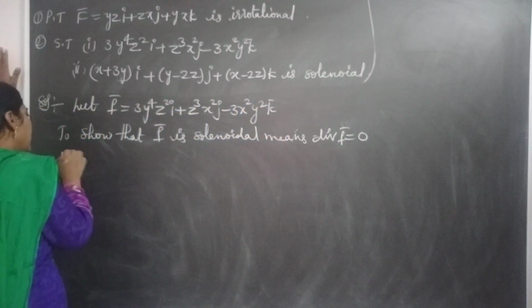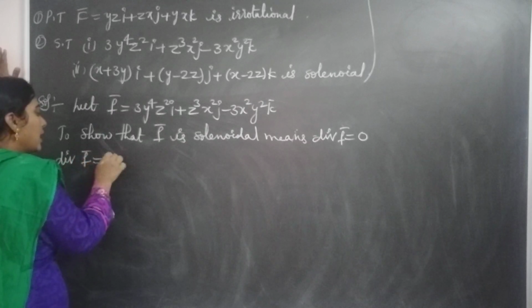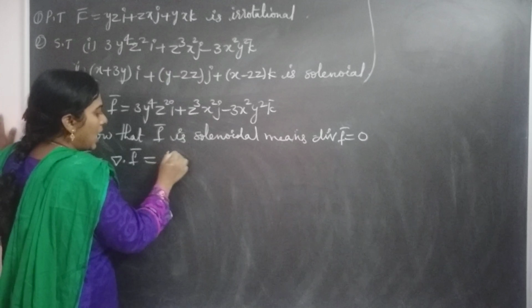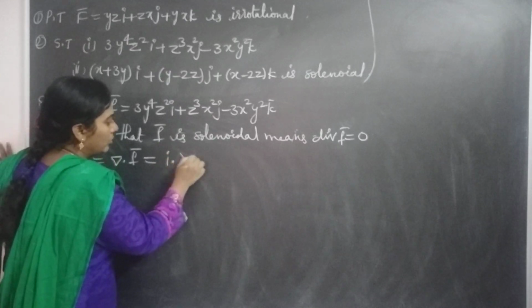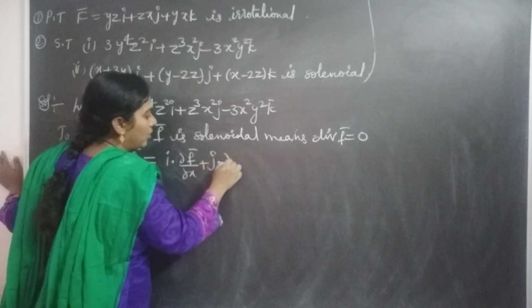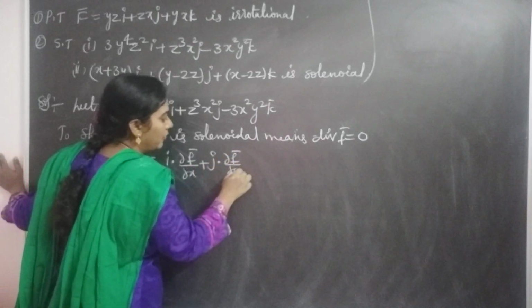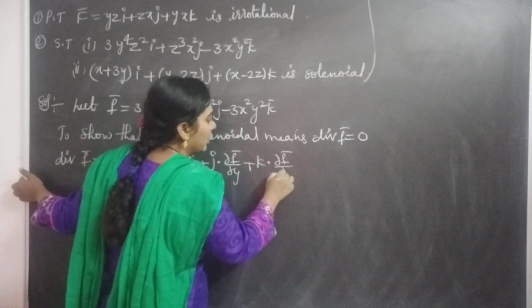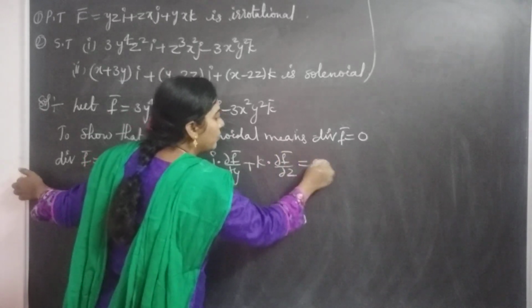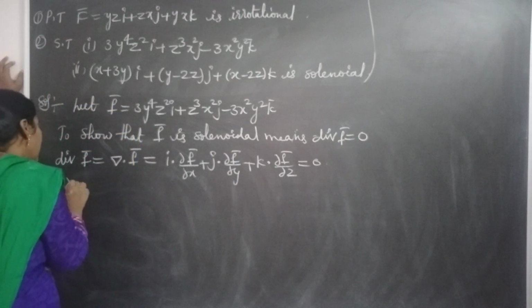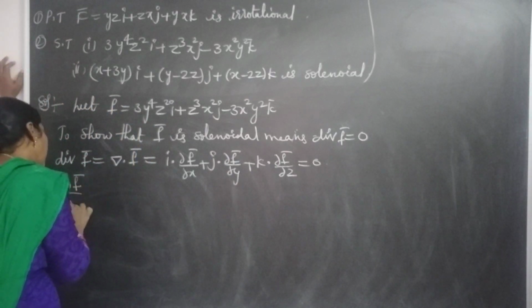Div F vector equal to del dot F vector, that is equal to i dot dou F bar by dou x plus j dot dou F bar by dou y plus k dot dou F bar by dou z, which must be equal to 0. Here find dou F vector by dou x.